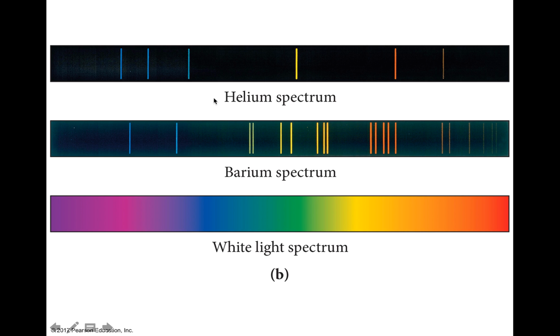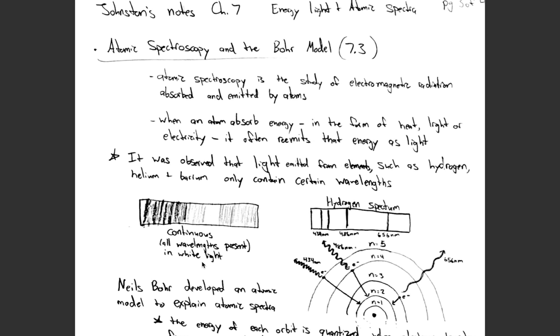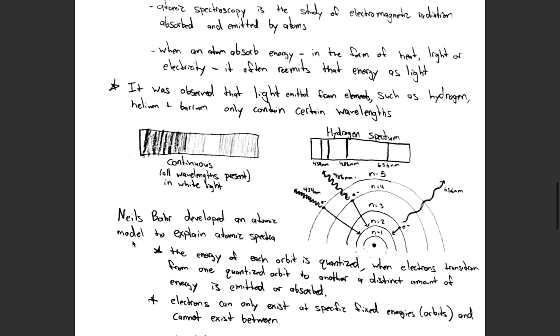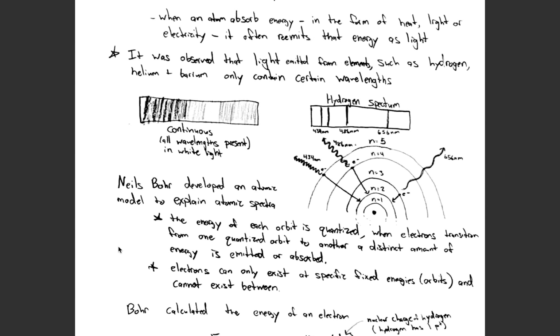But certain elements, helium, barium, when they produced a spectrum, there's only specific lines of color. So there's black spaces in between where no photons, no light is produced in that wavelength. And so we need to come up with an explanation why. Niels Bohr is the one that developed an atomic model to explain these atomic spectra.